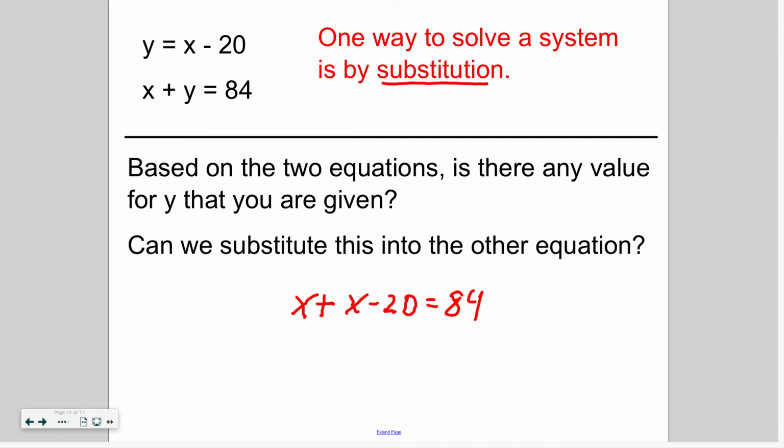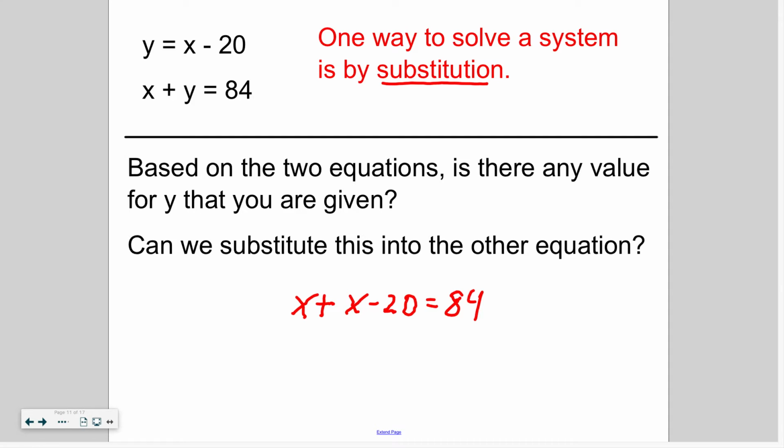He substituted the value for y, because the top equation tells you that anywhere you see a y, it is x minus 20. They're the same thing, which means anywhere you see a y, you can just replace it. Why would you do that in that equation? Can you solve that equation? Yes. Why can you solve that equation now in that format, but you couldn't when it was just x plus y equals 84? You had 2 variables.